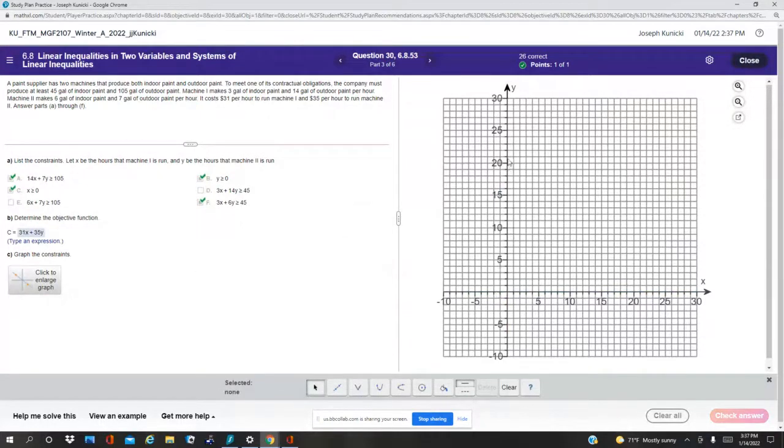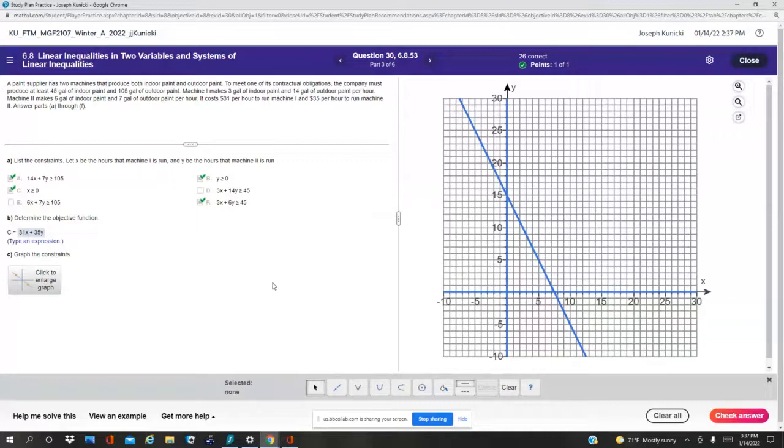I made a mistake. I hit 16 instead of 15. So here's my y-axis. Here's my x-axis. And then we said 0, 15, and 5, 5. Okay, so the second inequality, the line is 3x plus 6y equals 45.